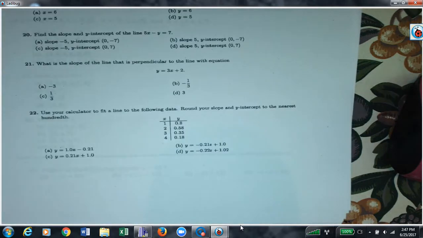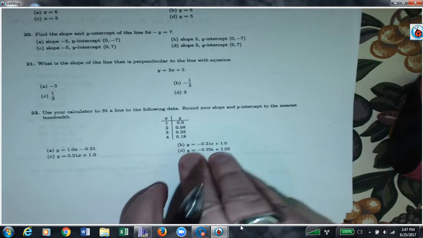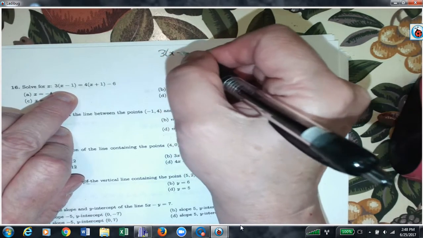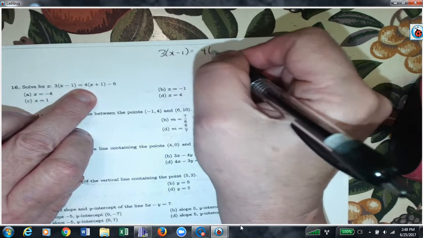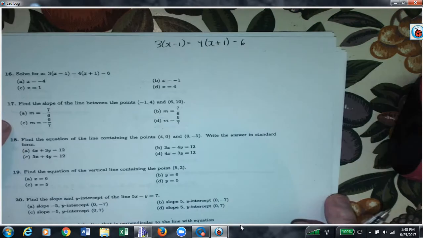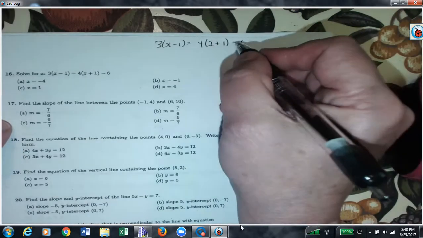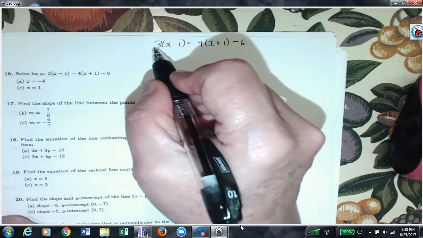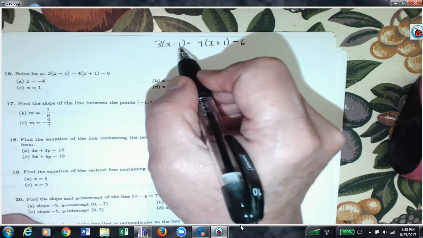Okay, let's look at number 16. We need to solve this for x. So let me write it up here at the top. Okay, first of all, I need to write this without parentheses. So the 3 has to be distributed through everything inside.